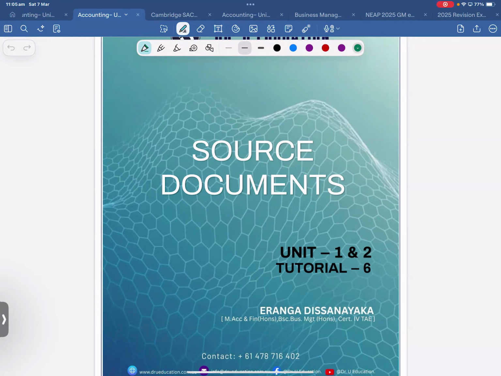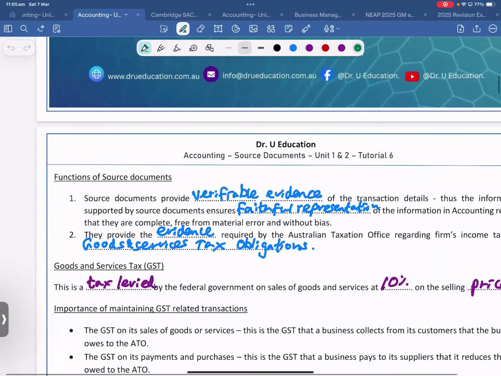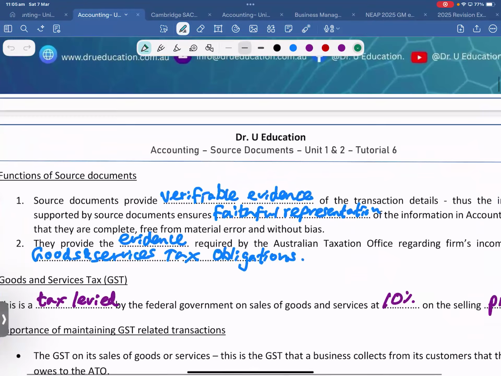You can prove it simply with the source document or the receipt. You can say, here you go, this is how much I purchased it for. So you can prove it. Okay, so firstly, functions of source documents. Take down this one.